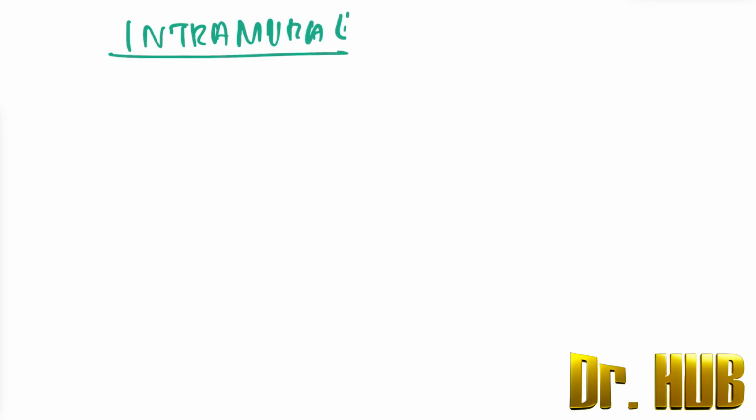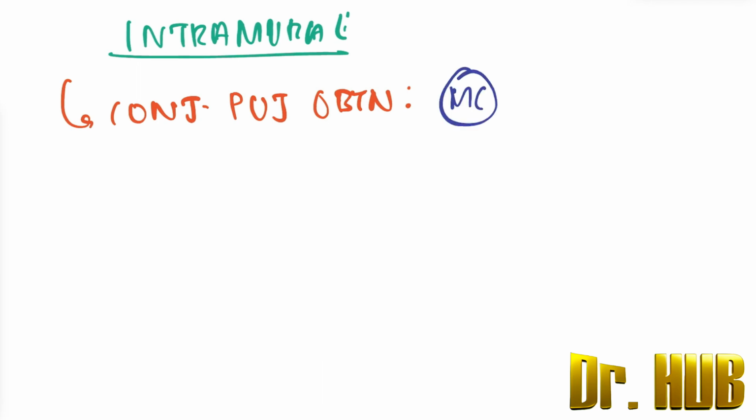Next we look into the intramural obstruction. Under the intramural obstruction, there is a congenital PUJ obstruction. This is the most common congenital cause.